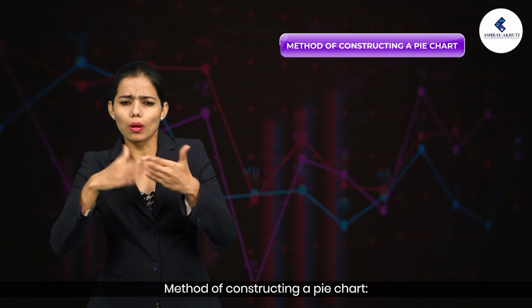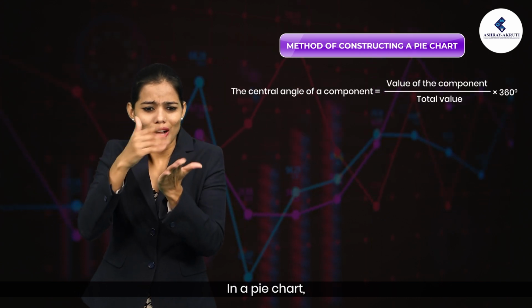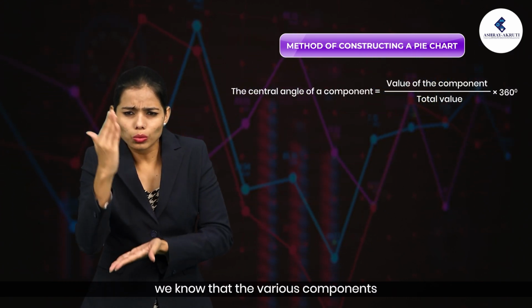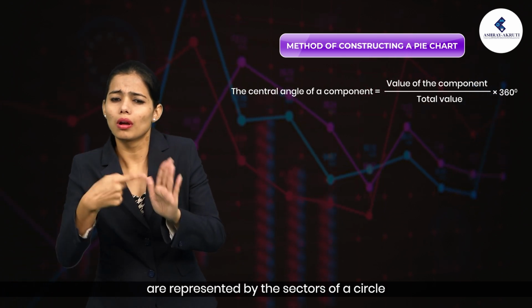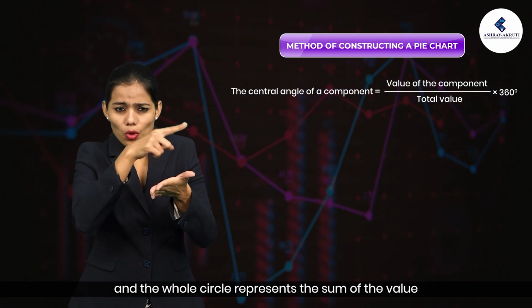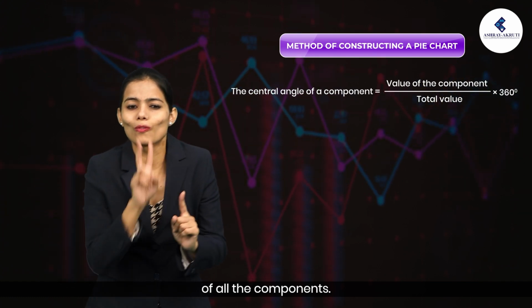Method of constructing a pie chart. In a pie chart, we know that the various components are represented by the sectors of a circle, and the whole circle represents the sum of the value of all the components.